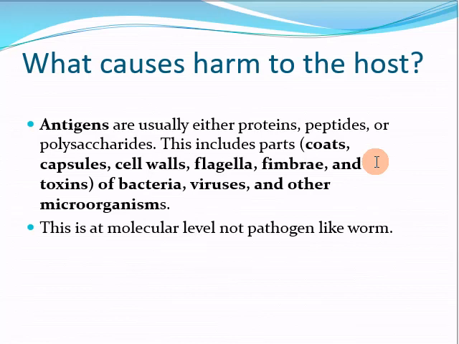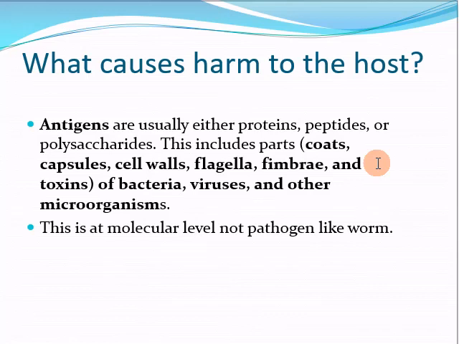Therefore it is not necessarily the whole organism itself, but sometimes the product of that particular organism that becomes very harmful. Here it is mentioned that the antigens will have coats, capsules, cell wall, flagella, and fimbriae, which are at times very toxic, and sometimes it produces some toxic chemicals as well. Most of the time this happens with bacteria.